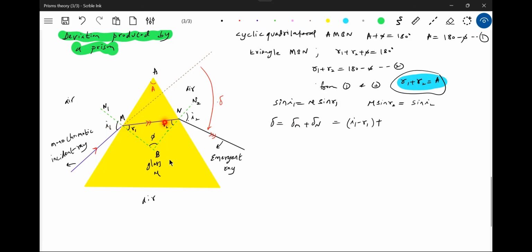This is the angle of incidence, this is the angle of refraction or angle of emergence. So the ray wanted to traverse a path like this, but it got deviated. So the deviation at the emergent phase will be I2 minus R2.